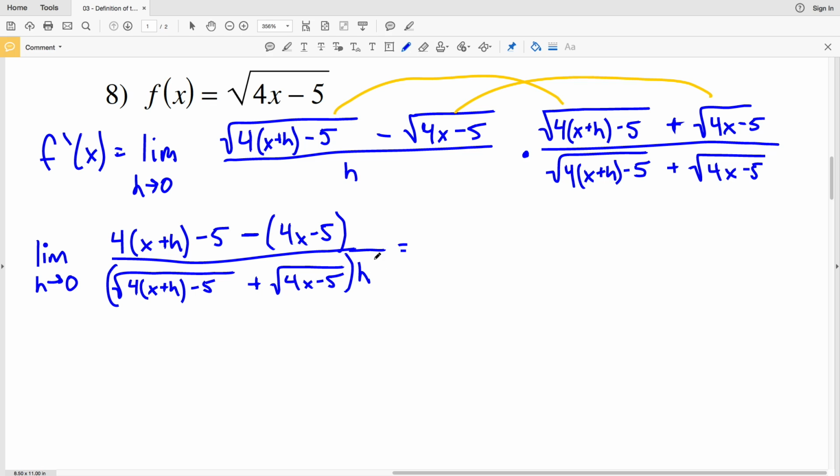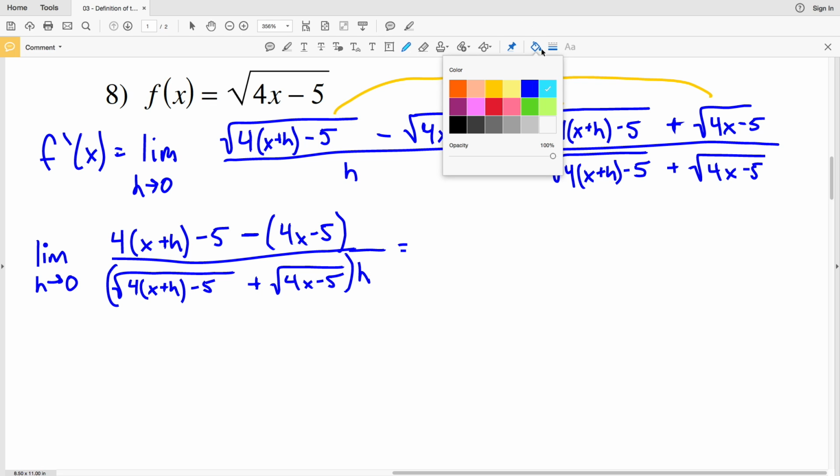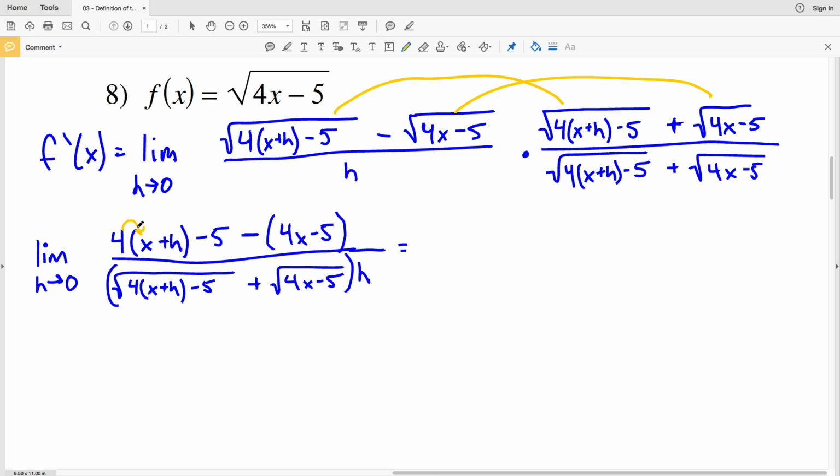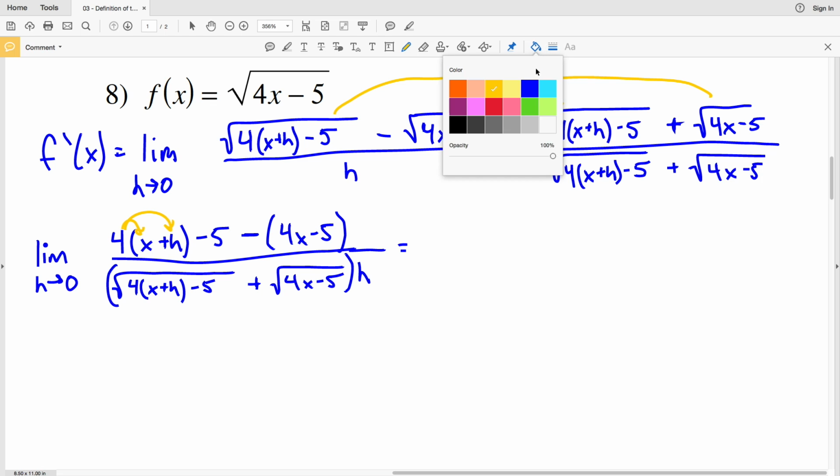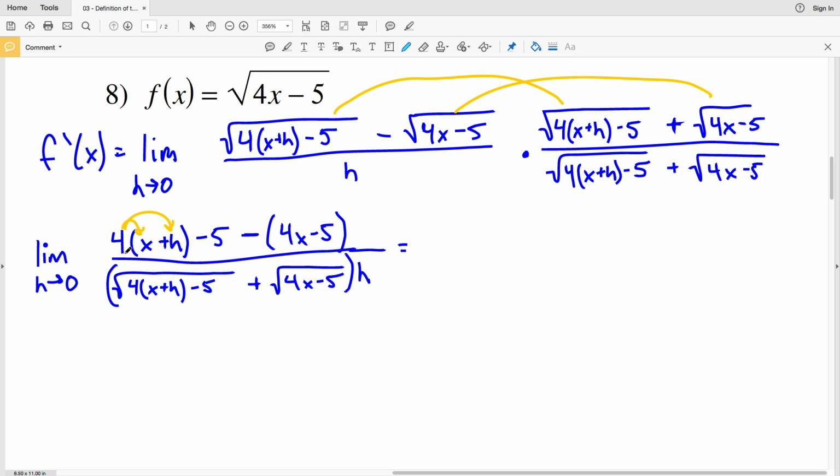So now I can cancel out quite a few terms in my numerator. When I multiply 4 to x and 4 to h, I get 4x plus 4h. But note that that 4x will cancel out with 4x later because 4x minus 4x is 0. And if I have a negative 5 and I'm subtracting a negative 5, that's negative 5 plus 5, which is also 0.